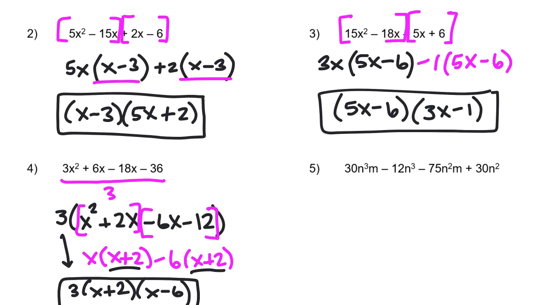Okay, next question, look for an overall GCF first. So if we look at 30, 12, 75, and 30, all have a common factor of 3. So I'm going to take out the 3 as our GCF. They also all have n. So pick the one with the smaller exponent.